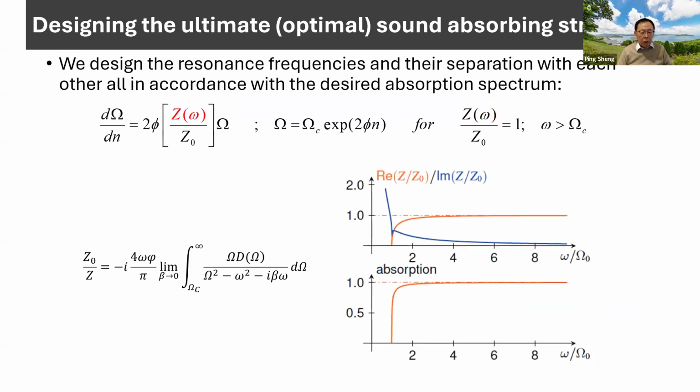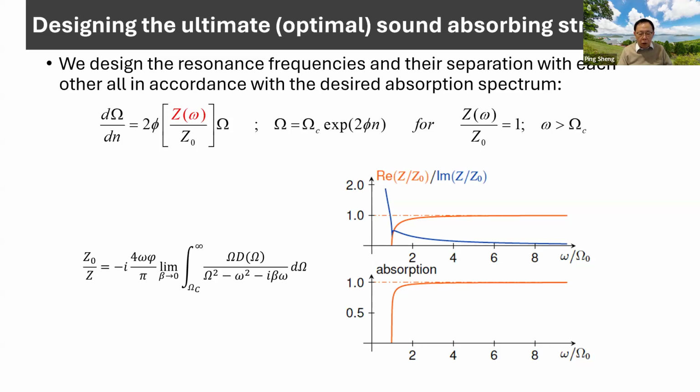So once we have that, let's say we know what the mode density is. Let's say for the case of total absorption beyond the minimum cutoff, we can substitute back into the exact expression and just integrate, okay? We can integrate the real and imaginary part. That's not a difficult integral. On the right-hand side, the top side is the real and imaginary part of Z over Z naught. You can see the imaginary part decays pretty fast.